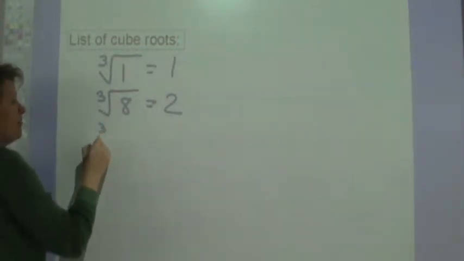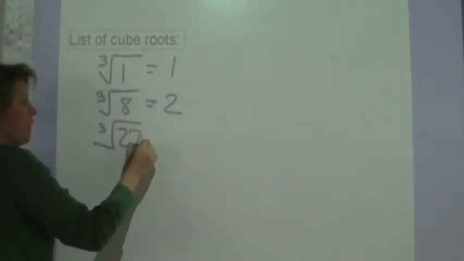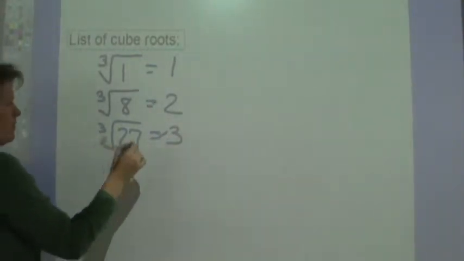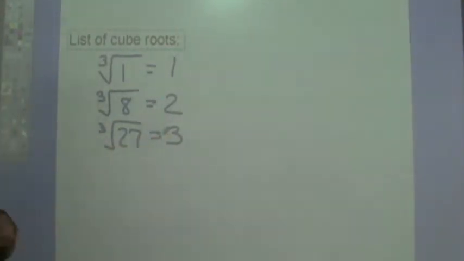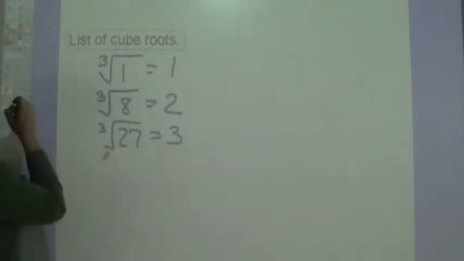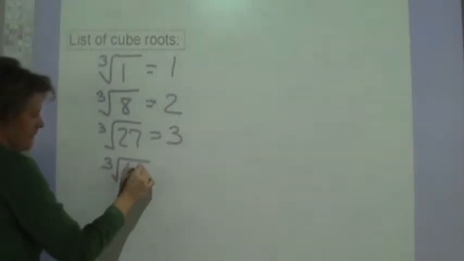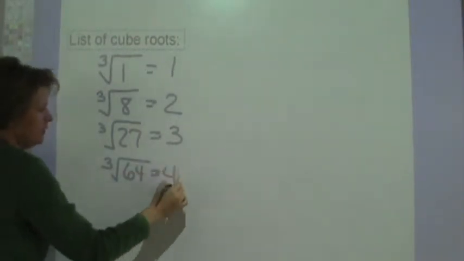Cube root of 27 is going to be 3. Okay, cube root of 64 is going to be 4.